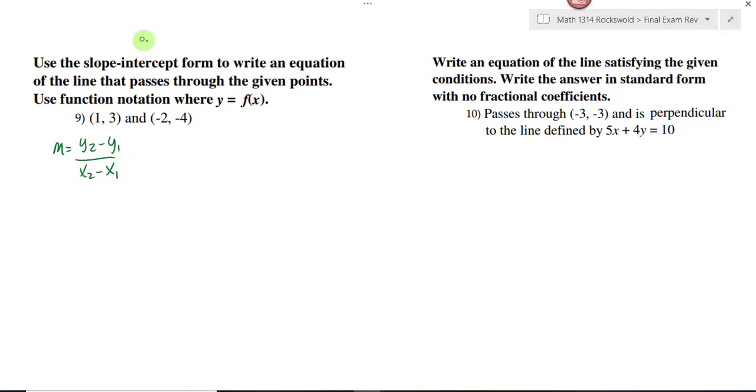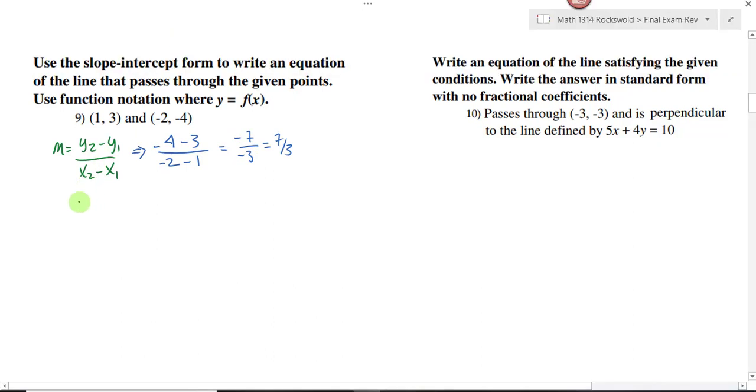Dropping in the numbers then, what do we want to use for y2? So that's negative 4 minus 3 divided by negative 2 minus 1. And negative 4 minus 3 is negative 7. Negative 2 minus 1 is negative 3. And negative 7 divided by negative 3 is 7/3. So the slope of our line is 7/3.